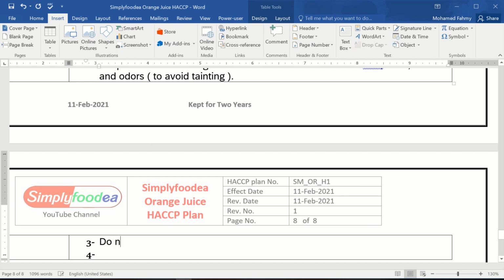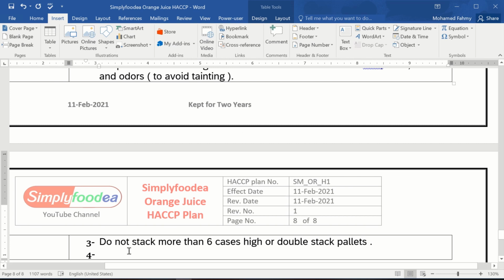Don't stack more than, for example, 6 cases high, or double stack pallets. All these are examples of proper storage conditions.